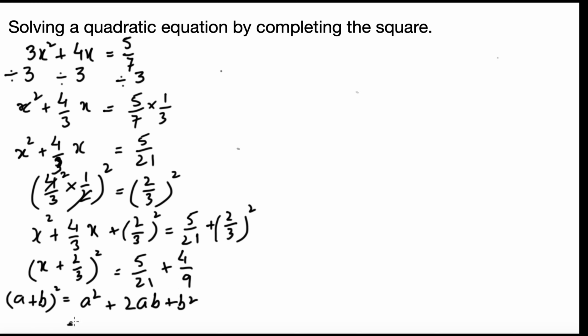Here, a is x and b is 2/3. So x squared plus 2 times 2/3, which is 4/3 x, plus b squared, which is (2/3) squared. This is how it works.